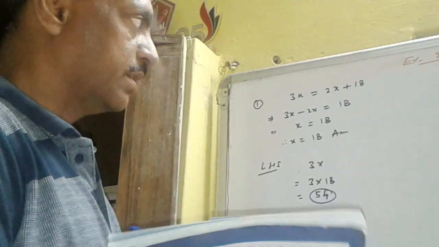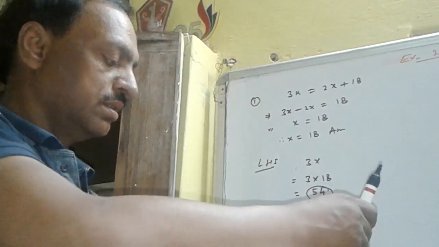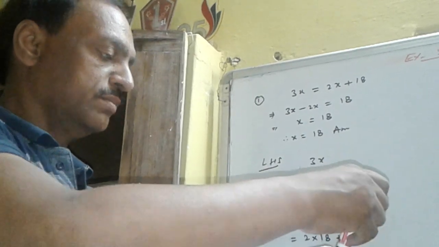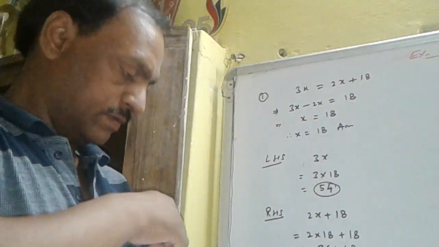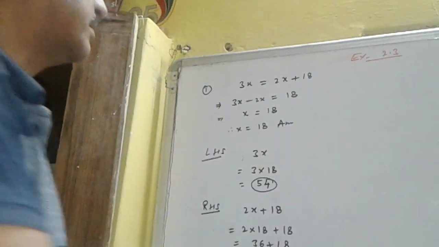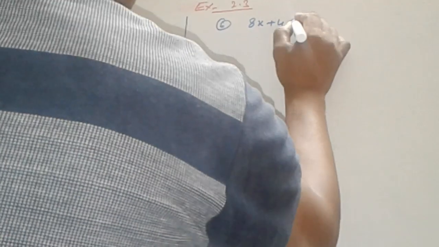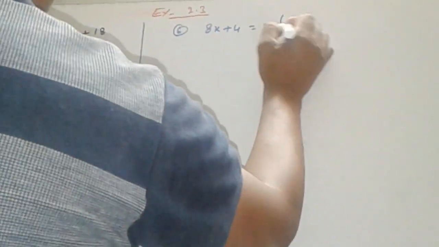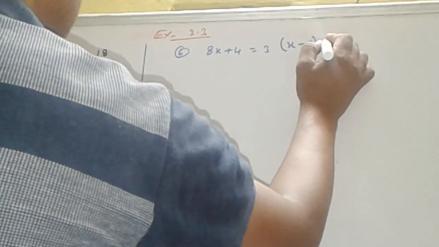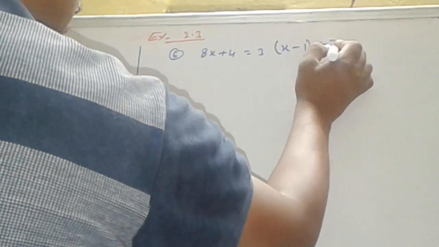We will take now question number 6. Just write down question number 6. 8x plus 4 equal to 3 into x minus 1 plus 7.